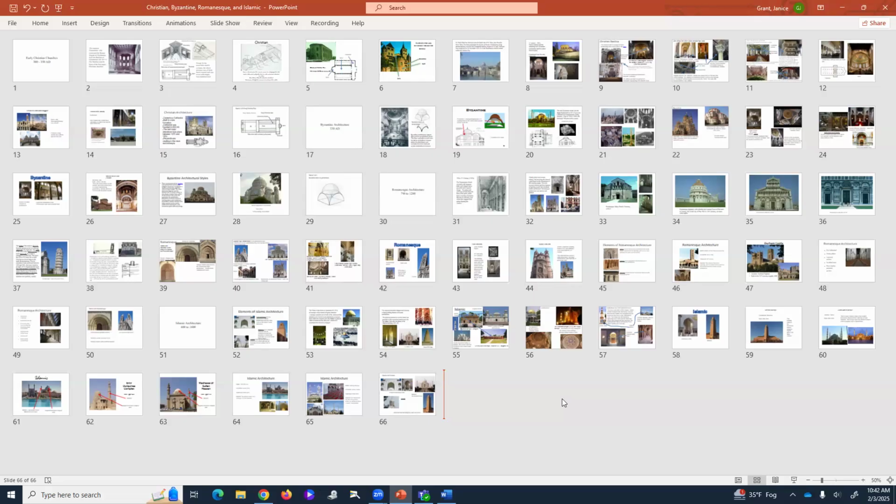Numbers 3 and 6 are the ones that I need to put back into the presentation in that first part. Number 6 is spiritual. So Christian architecture provided burial spaces and spiritual needs of the living.